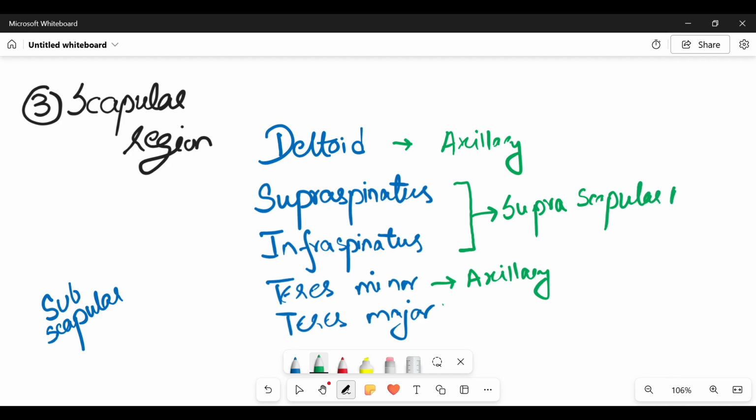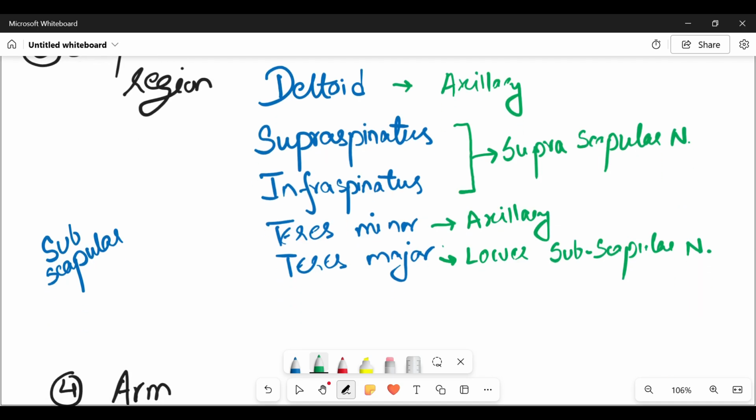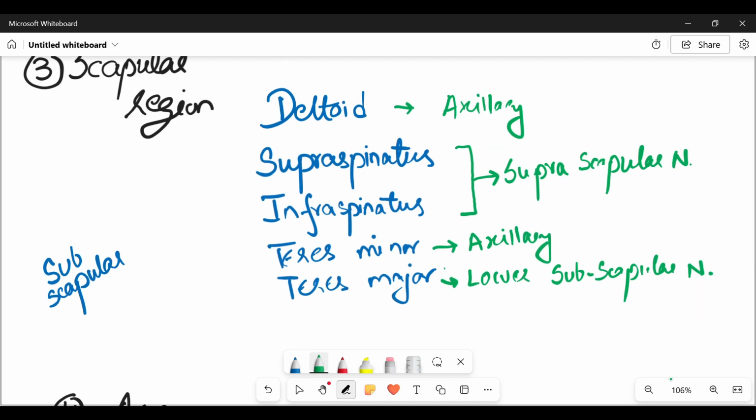Teres major is supplied by the lower subscapular nerve. The subscapularis muscle, on the other hand, is supplied by the upper and lower subscapular nerve.